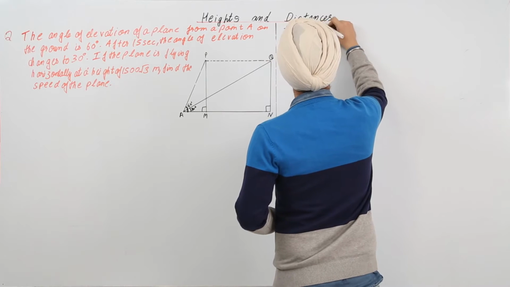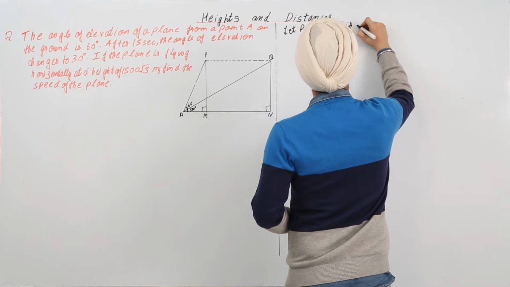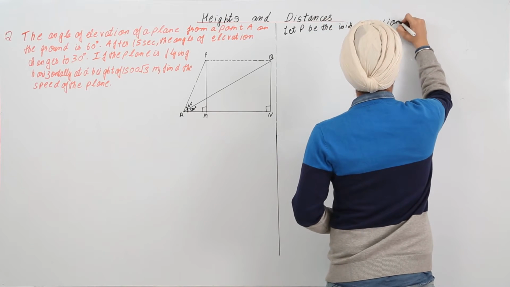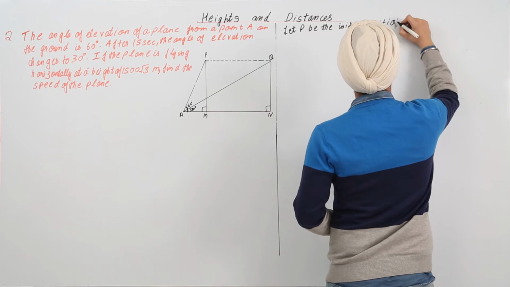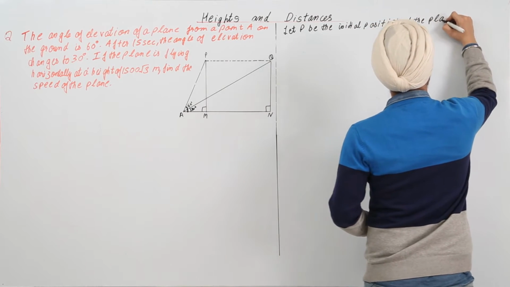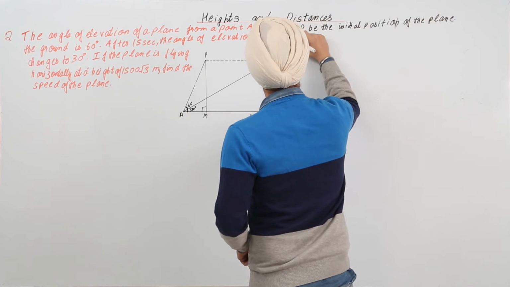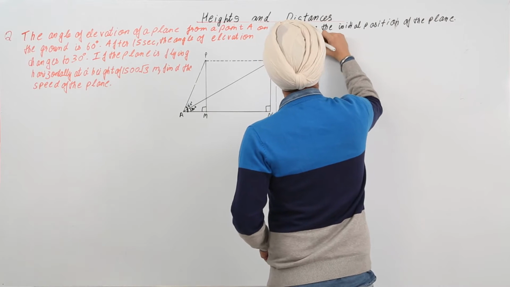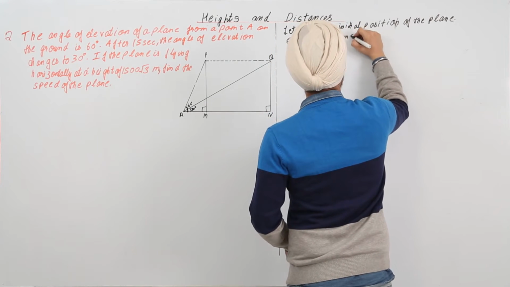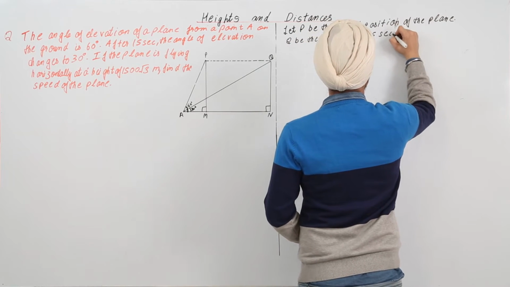We let P be the initial position of the plane and Q be the position after 15 seconds.